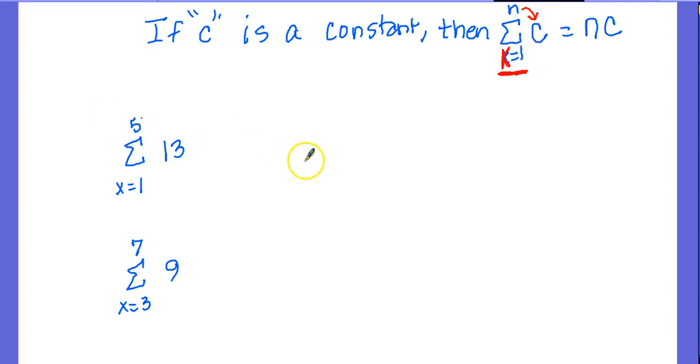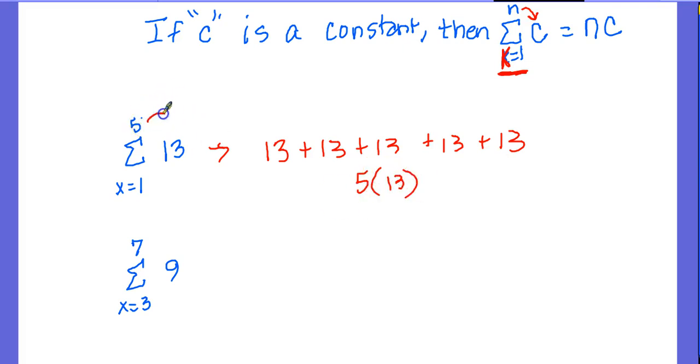If I were to take this out longhand and not use my rule, I would go position 1 is 13, plus position 2 is 13, plus position 3, plus position 4, plus position 5, stop. But that's just repeated addition, right? And what's a shorter version of repeated addition? Multiplication. So we go 5 times 13. You're just multiplying your top index times your constant, and you get the answer 65.